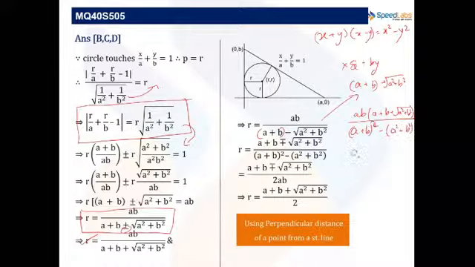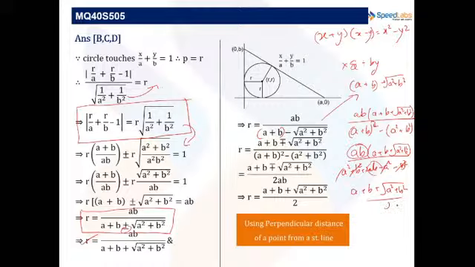So on solving, it will be a plus b plus under root a square plus b square upon a square plus b square plus 2ab minus a square minus b square. Cancelling these terms, this ab will cancel out to this. We will get a plus b plus under root a square plus b square by 2.